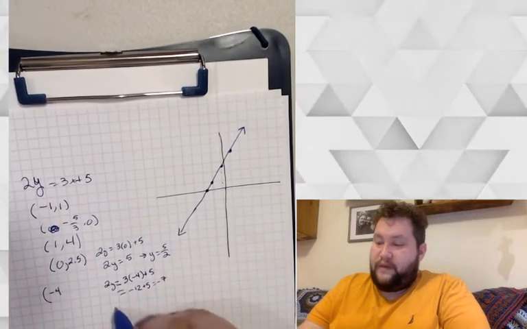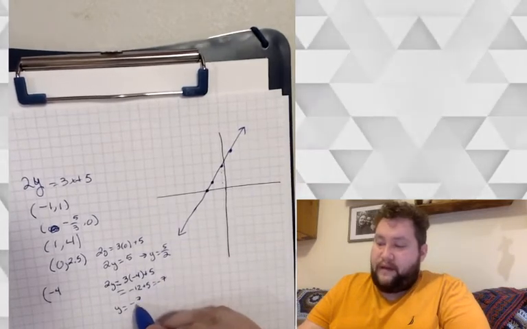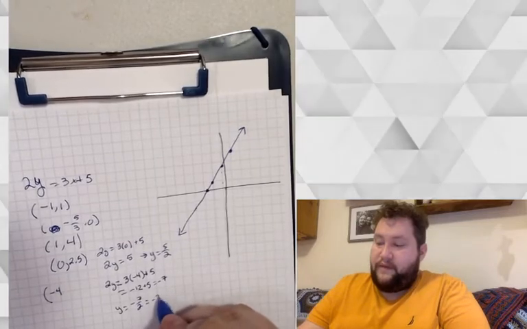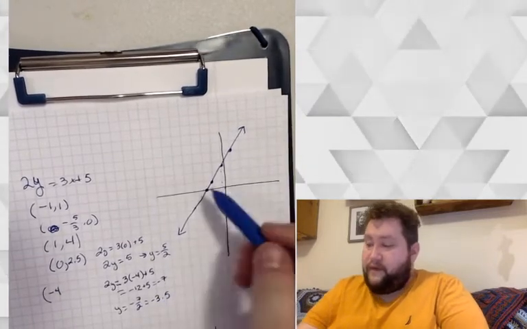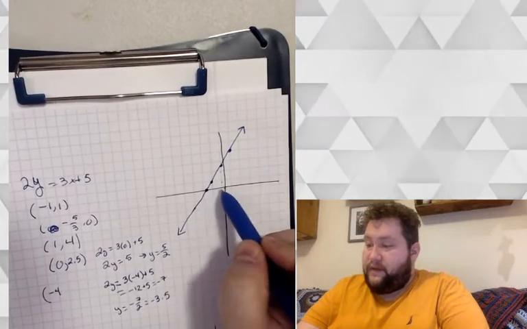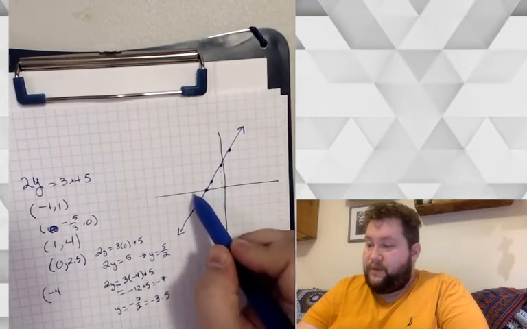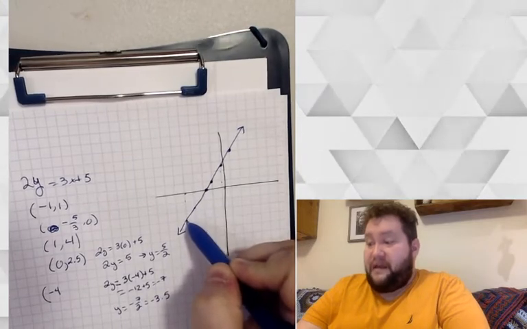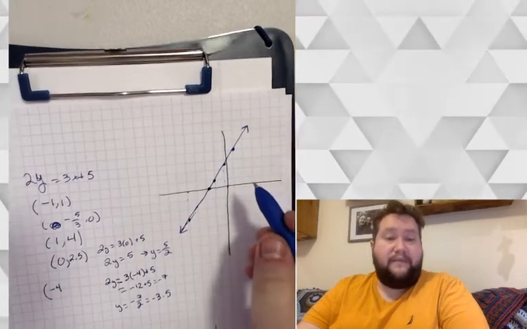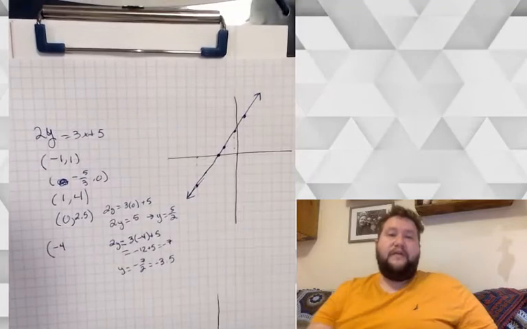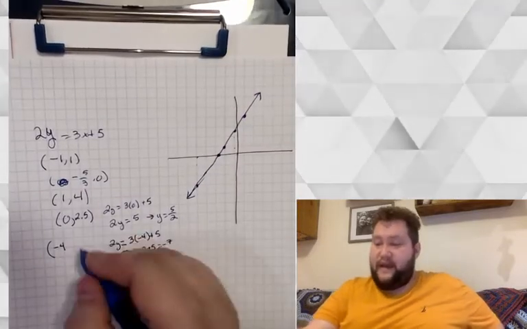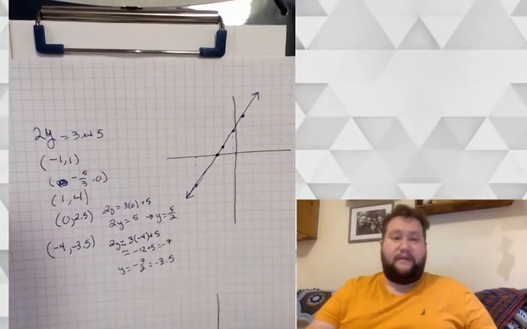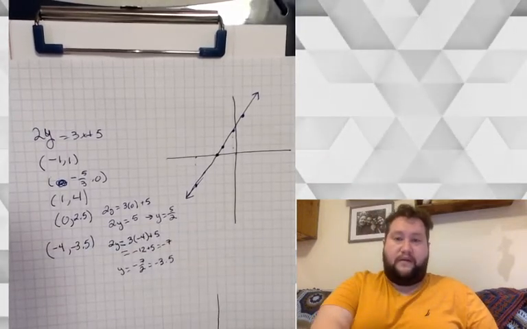And so that means y equals negative 7 halves, or negative 3.5. So it looks like 1, 2, 3. I did a pretty good job of drawing that, right? Negative 3.5. So perfect.